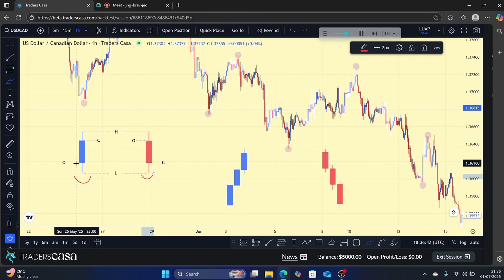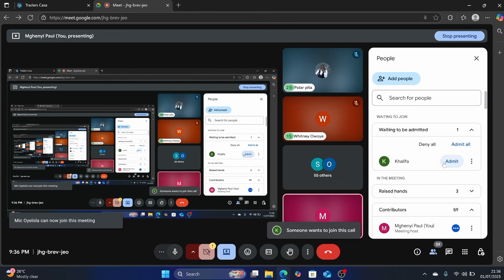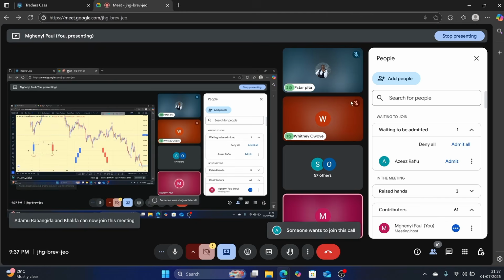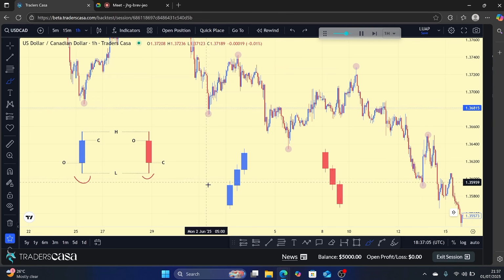So when you see a bullish candle, this one here is obviously the opening price.